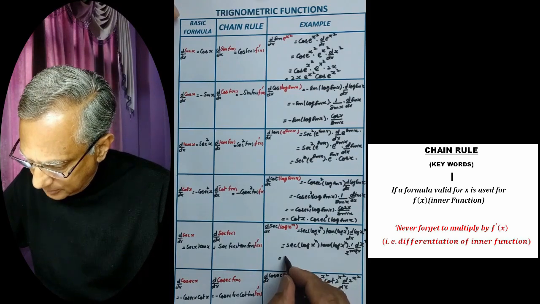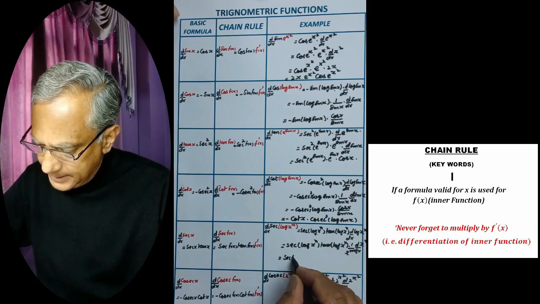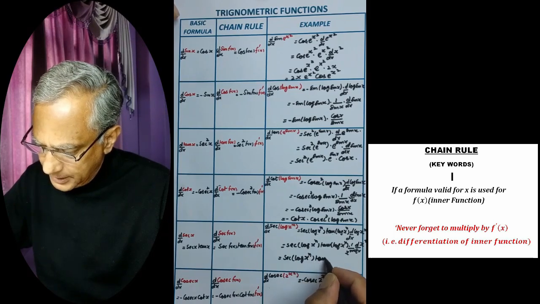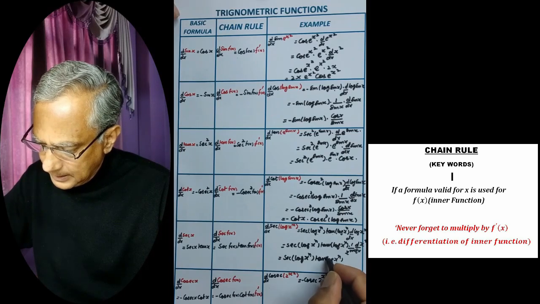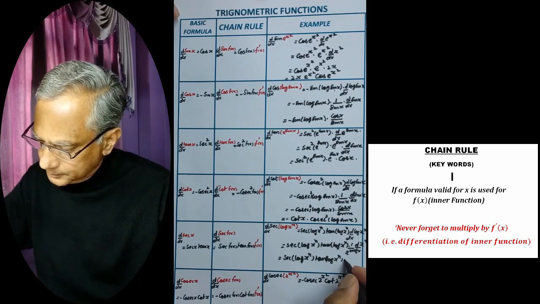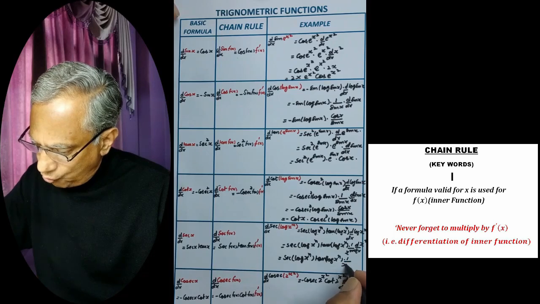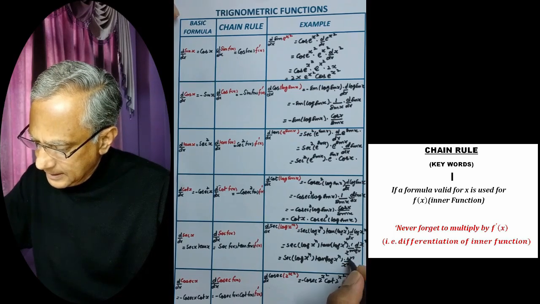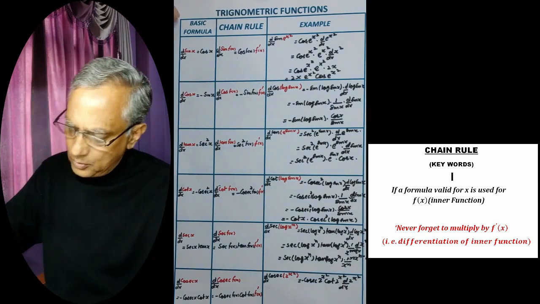So this is equal to secant log x to the power of n tangent log x to the power of n into 1 by x to the power of n into d by dx of x to the power of n is n x to the power of n minus 1.